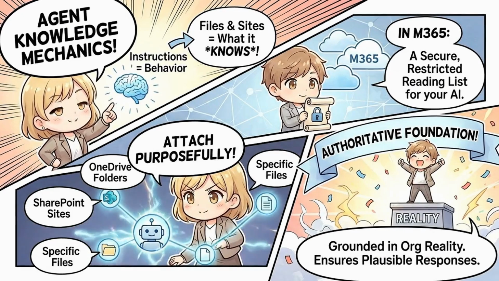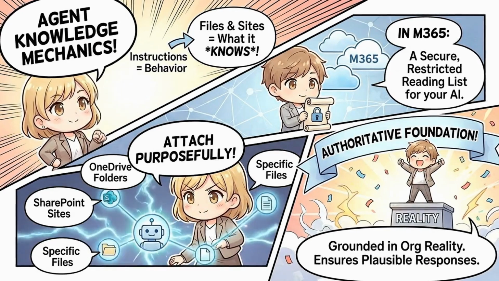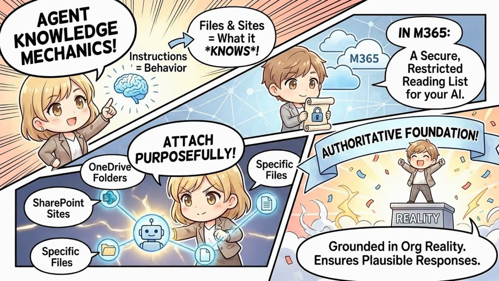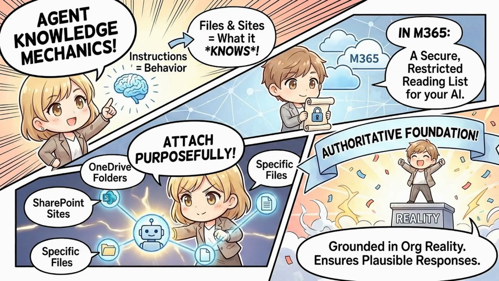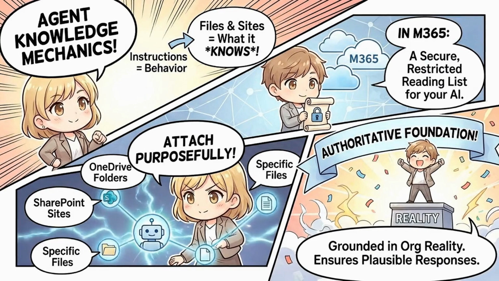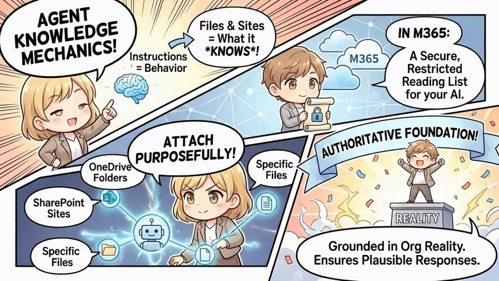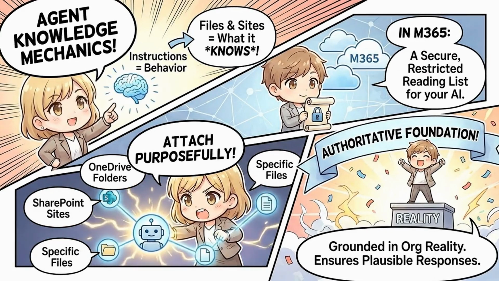This brings us to the technical mechanics of configuring agent knowledge. While writing clear instructions defines the agent's behavior, attaching specific files and sites dictates what the agent actually knows. In the Microsoft 365 environment, configuring knowledge is essentially creating a secure, highly restricted reading list for your AI.